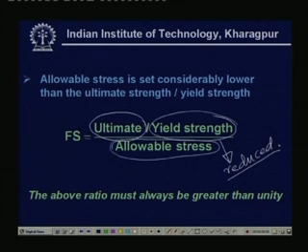Then a question might arise: what should be the values of the factor of safety? It really depends from design to design. For a mechanical process for which you are designing a machine component, if you are very confident of all the forces that might come onto the machine member, that means the number of uncertainties that we have just described in the last slide is within your grip, then you might use a lower value of factor of safety.